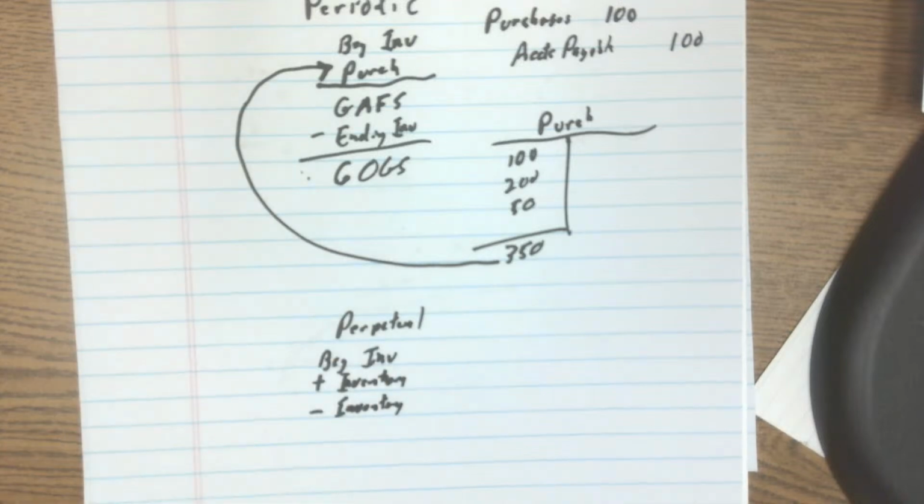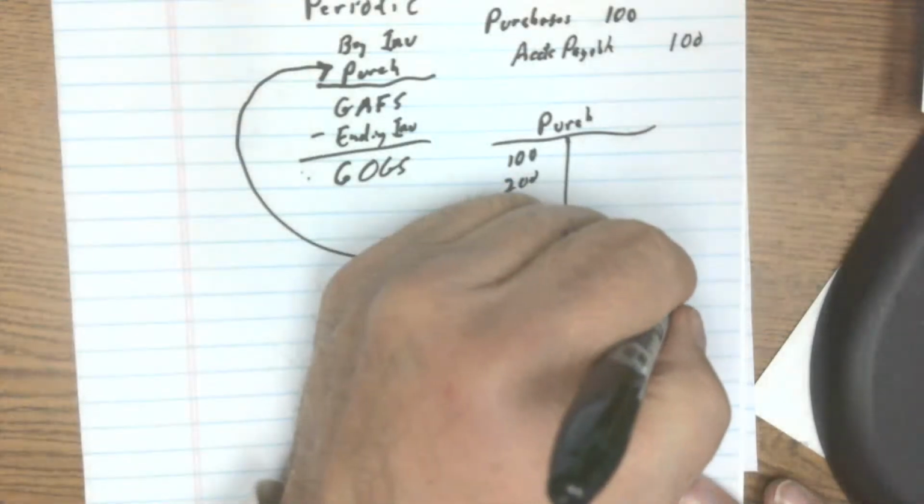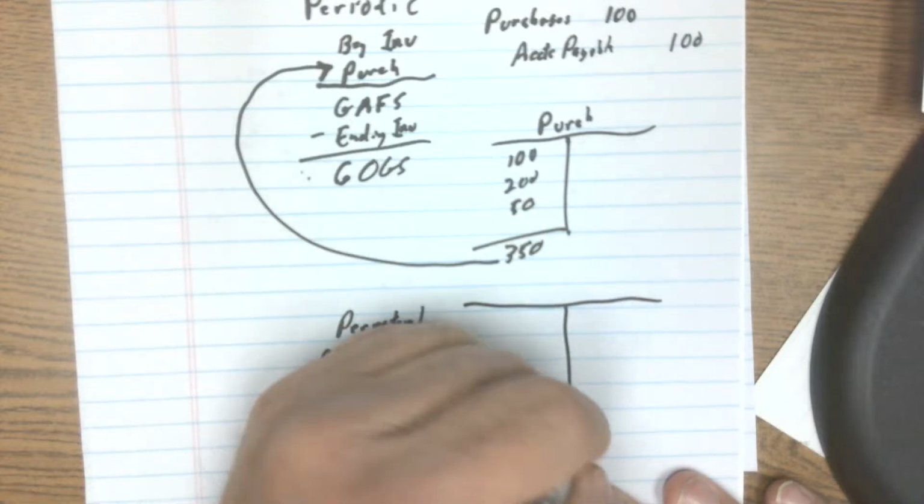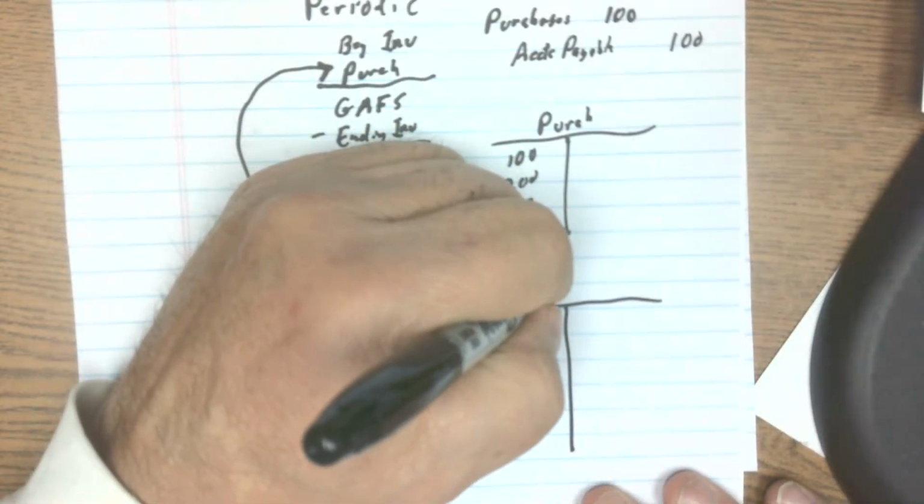And obviously, if you go to any grocery store, most retail stores, they have point of sale. They just scan the barcode, and they're able to tell you what's there. So you always know.